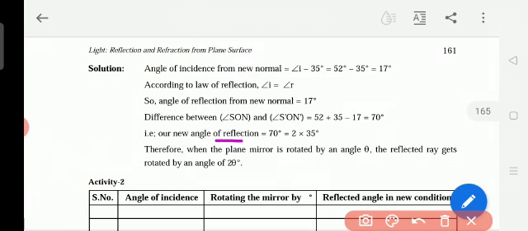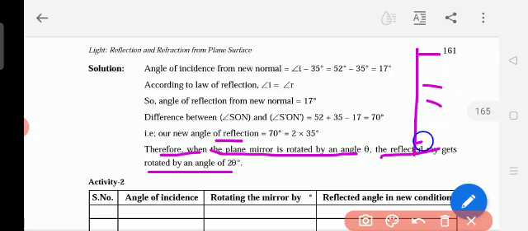Therefore, when the plane mirror is rotated by an angle theta, the reflected ray gets rotated by an angle 2 theta. What we have to understand here is that the plane mirror is rotated, the plane mirror is like this, so it is rotated by some angle theta, and when it is rotated, the reflected ray rotates by 2 theta.